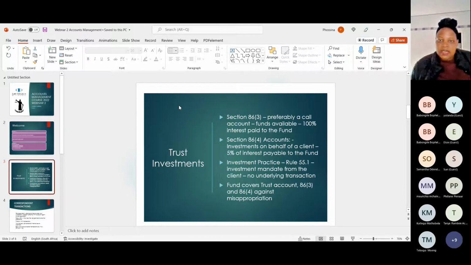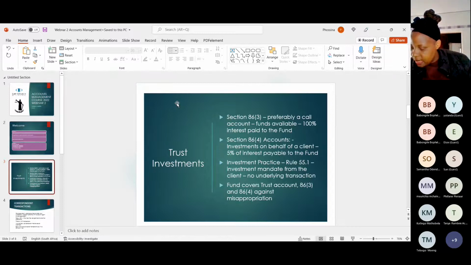And then section 86.4, this one is where a client gives you a mandate to invest, waiting for the transaction to be concluded. So it can be a conveyancing matter. At the beginning, a client is supposed to pay in a deposit. When a client pays in a deposit, they say, while you are holding my money, may you invest it so that the interest is payable to me.